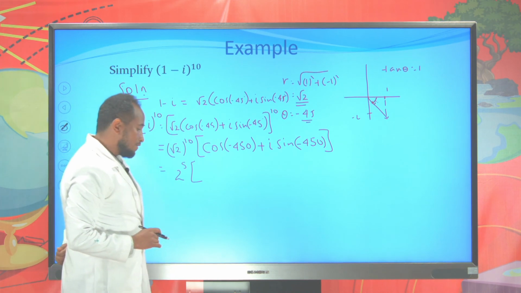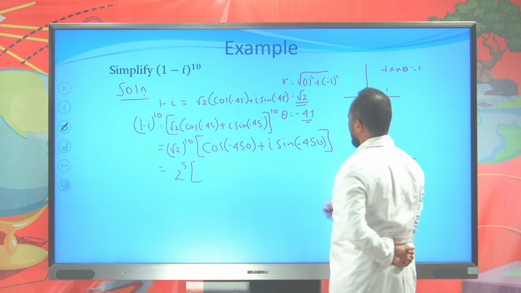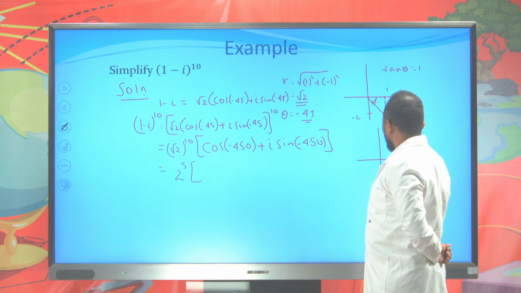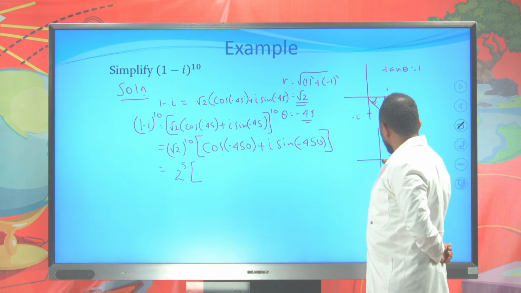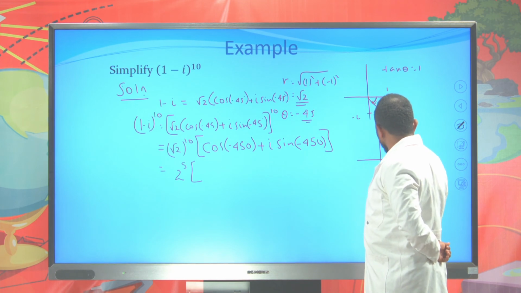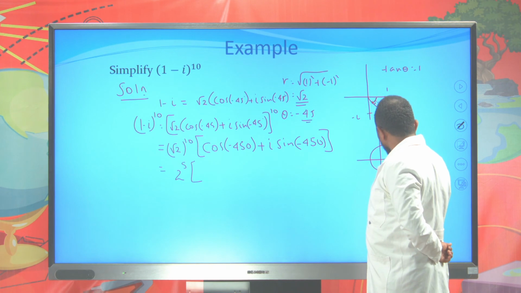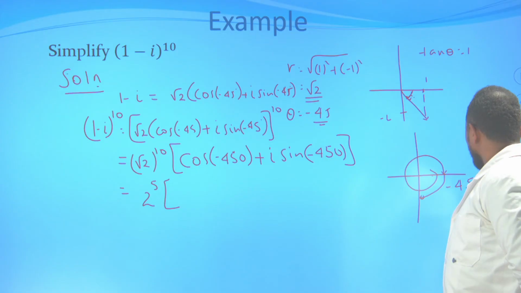Negative 450 means you go in a clockwise direction: this part is negative 360, and when you add this part, it will be negative 450 degrees.